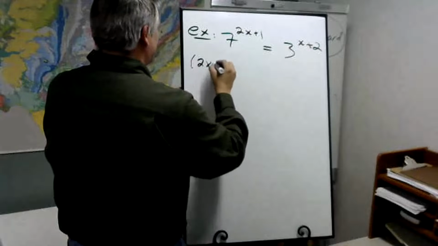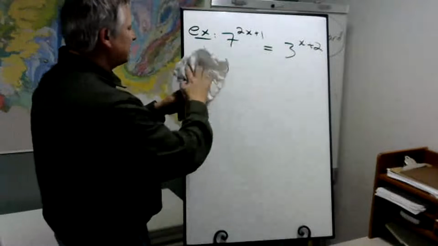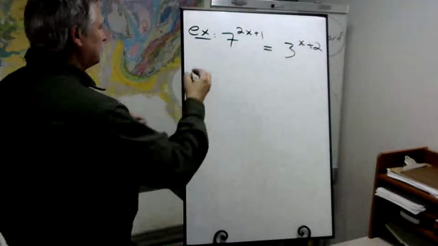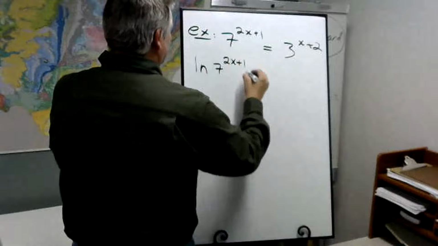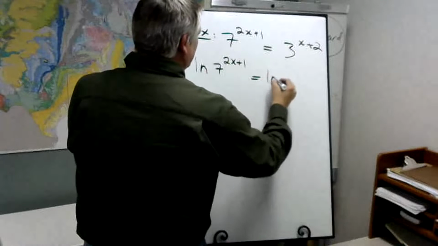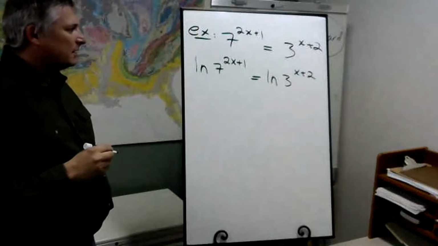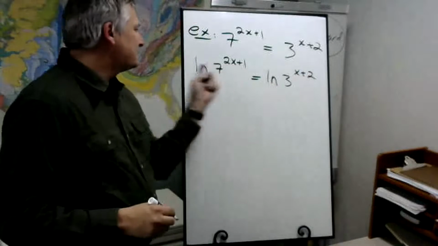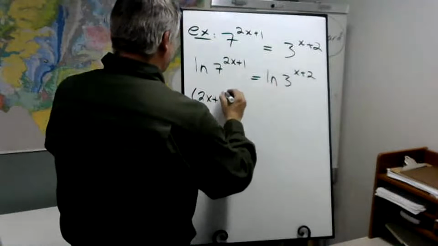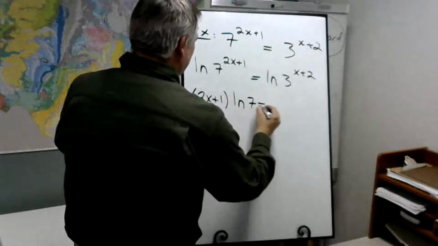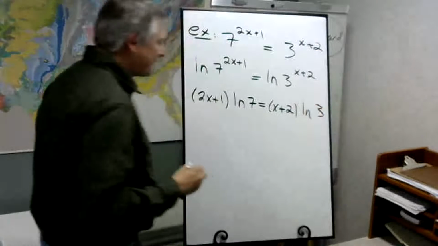So we get 2x plus 1. Well, here, let me not get too far ahead. So natural log of 7 to the 2x plus 1 equals natural log of 3 to the x plus 2. So these exponents are going to hop down in front of the log. 2x plus 1 times natural log 7 equals x plus 2 times natural log 3.